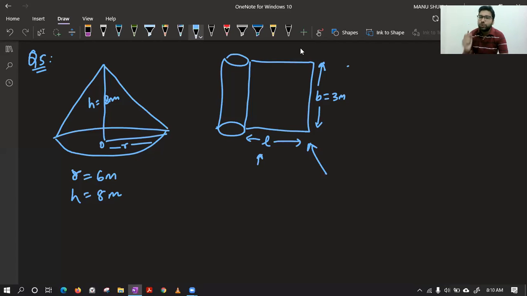What should be the main equation of this question? What is the gist of this question? What relation can help us to find the value of L?